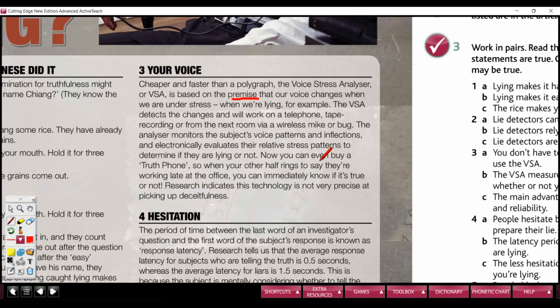Now you can even buy a truth phone. So when your other half rings to say they are working late at the office, common lie, yeah? You can immediately know if it's true or not. Research indicates this technology is not very precise at picking up deceitfulness, engaños.